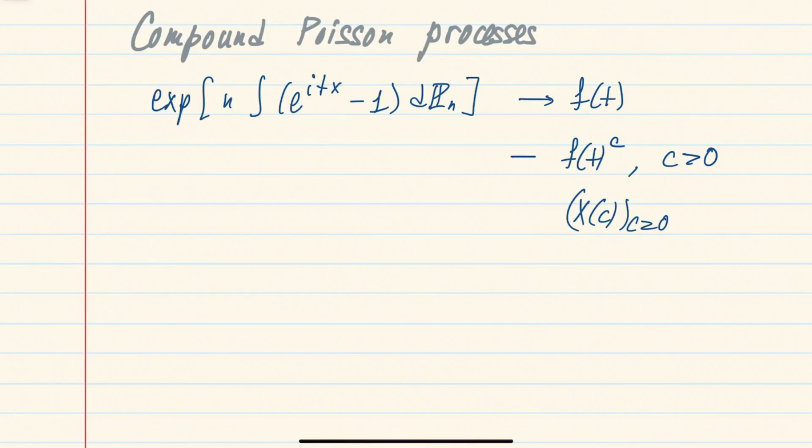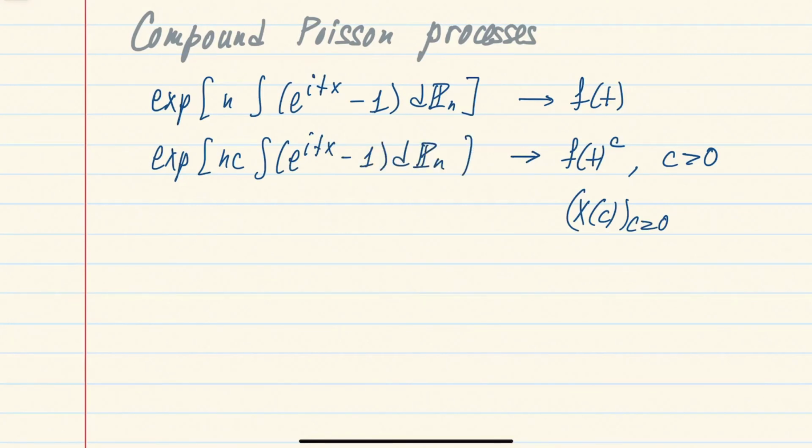Well, on the side of this compound Poisson distribution, we can also take the power c, which is again a compound Poisson. It's just that Poisson mean n has been replaced by nc. And we can ask, what kind of Levy process do we have on this side?